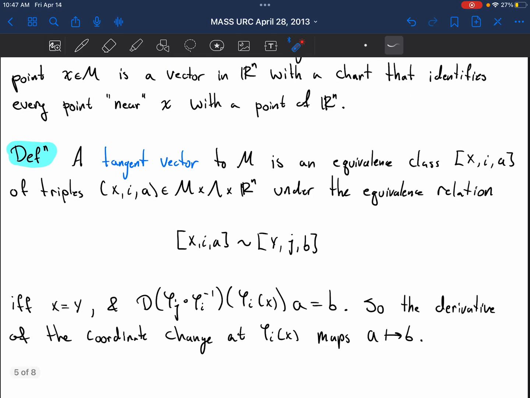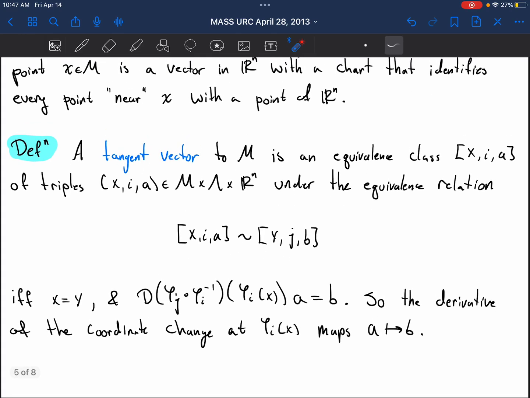But we can make this definition a lot better in the case of general manifolds by defining an equivalence relation, where (x, i, a) is equivalent to (y, j, b) if x is identically y, and if a gets sent to b by the following map, which is precisely the derivative of the coordinate change evaluated at the image of little x under phi, which is a homeomorphism.